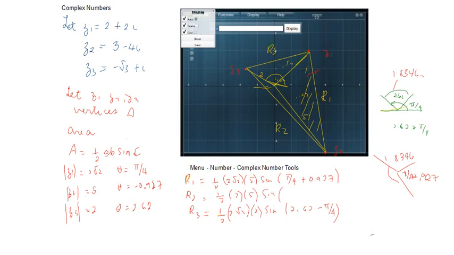The whole thing is 360 degrees, so we can have 2 pi minus your answers previously, which is pi over 4 plus 0.927 plus 1.8346. Or instead of 1.8346, you can substitute that with 2.62 minus pi over 4. Then you will be getting an answer here. Let me erase this.